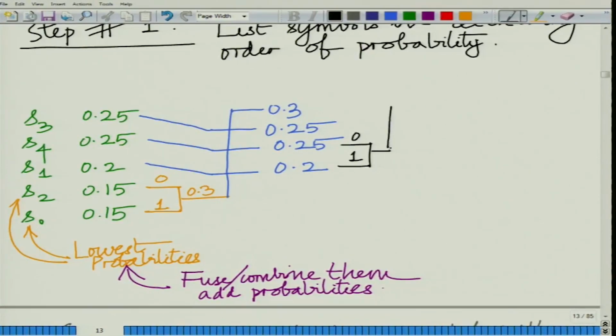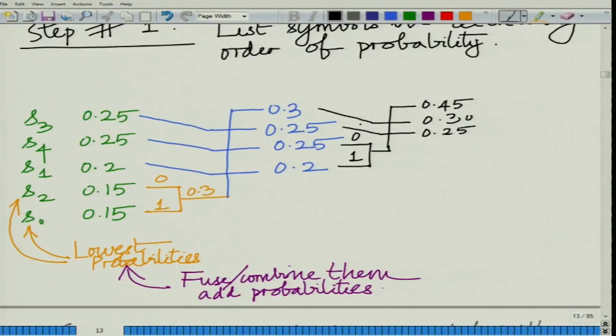So that again when you reorder it goes to the top. So this is 0.45, and then you have 0.3 which will be the next one, and then you will have 0.25 which is S3.